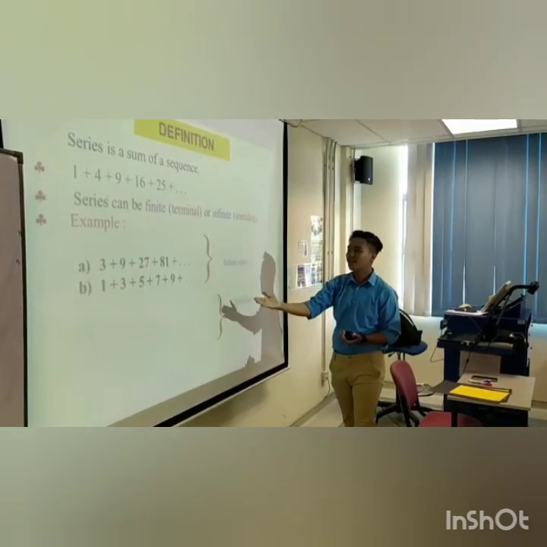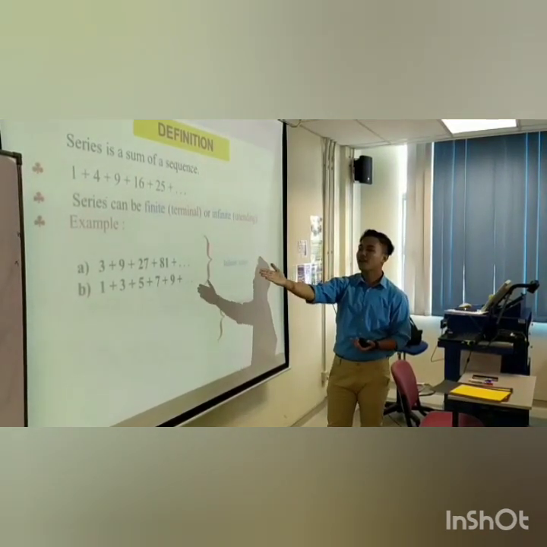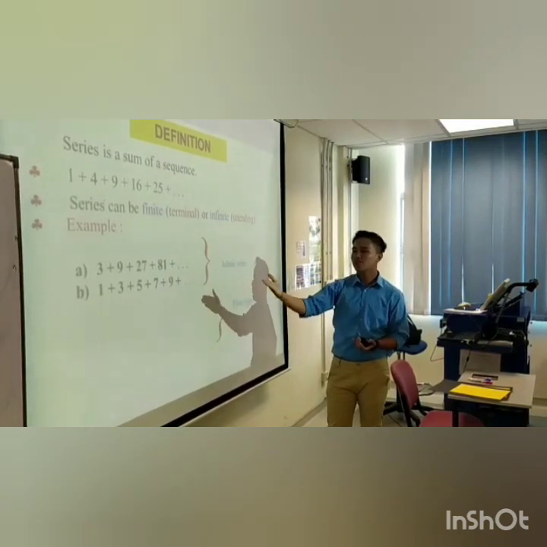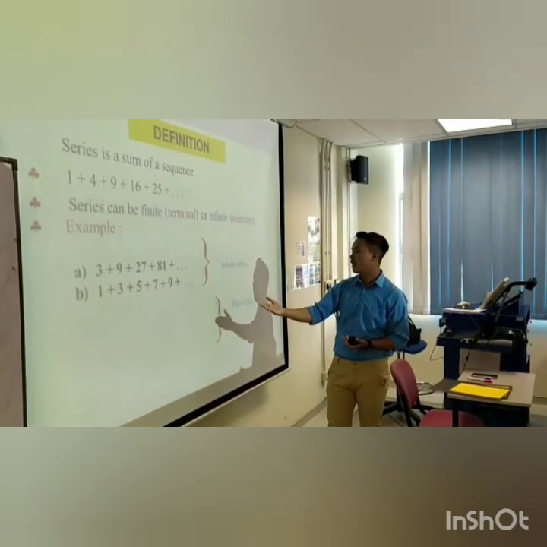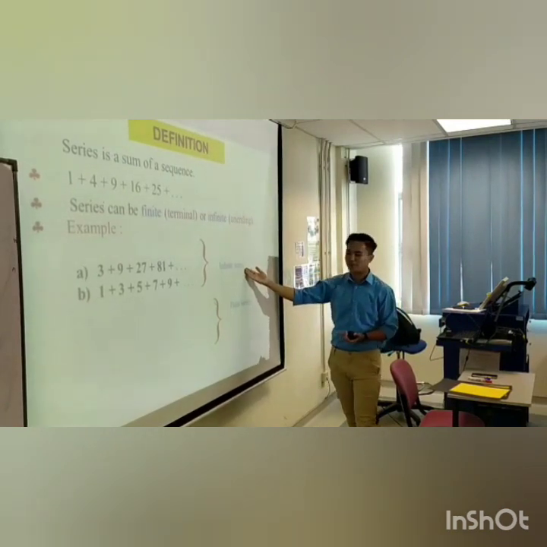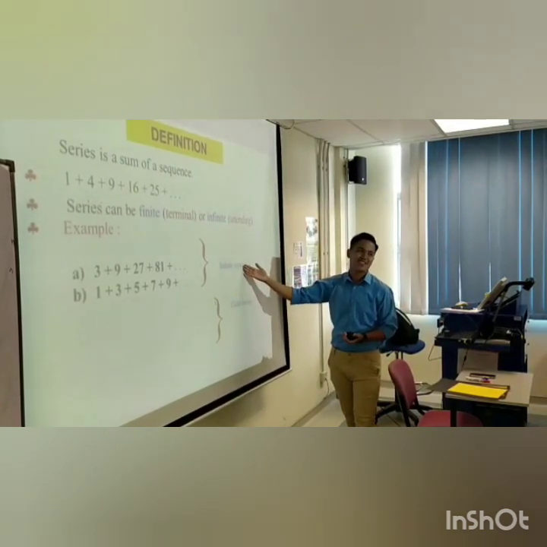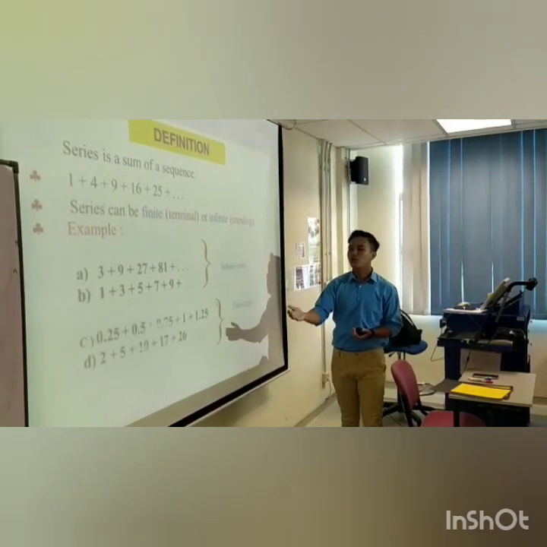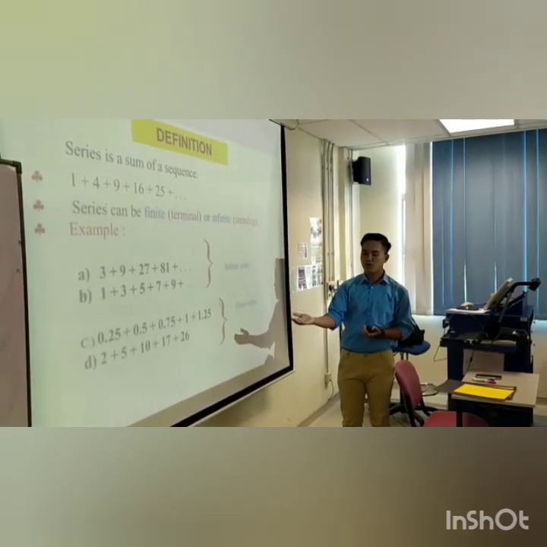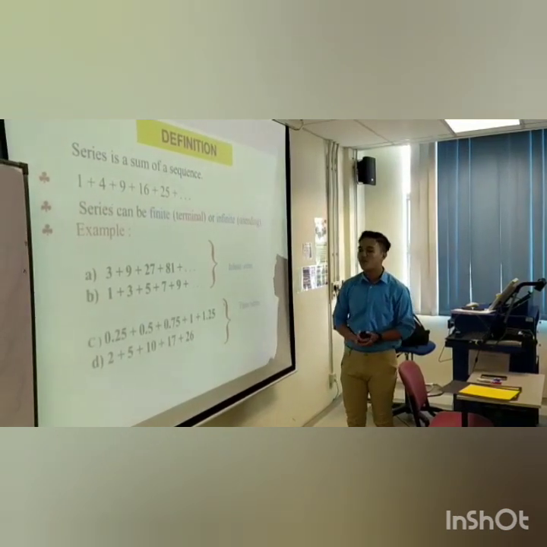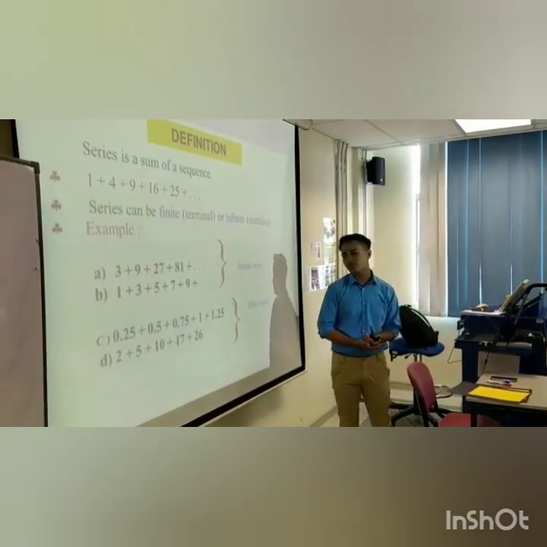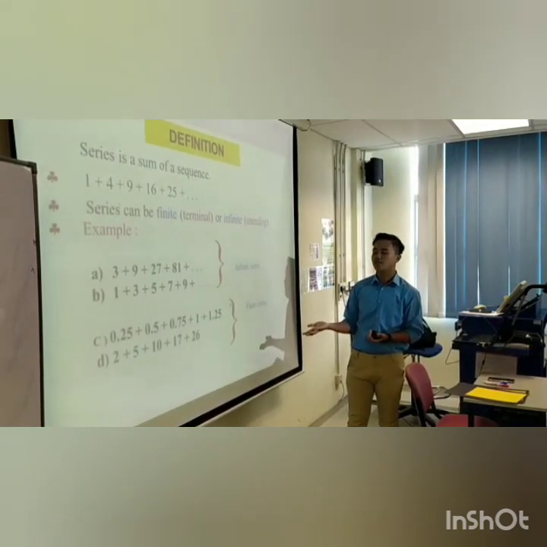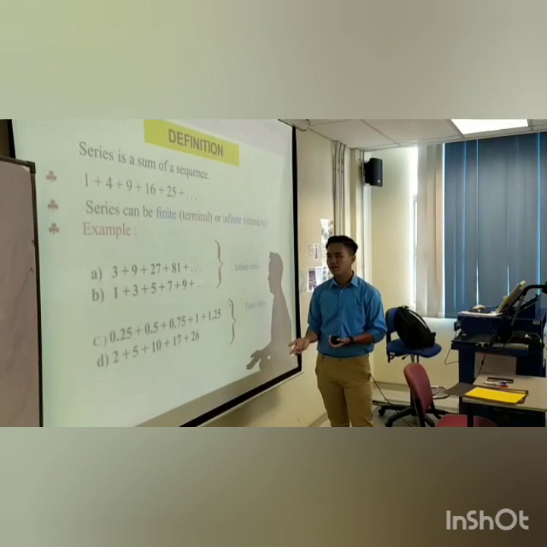For an example, 3 plus 9 plus 27 plus 81, and 1 plus 3 plus 5 plus 7 plus 9 are finite series. Infinite series, while for finite series is 0.25 plus 0.5 plus 0.75 plus 1 plus 1.25. Also 2 plus 5 plus 10 plus 17 plus 26.